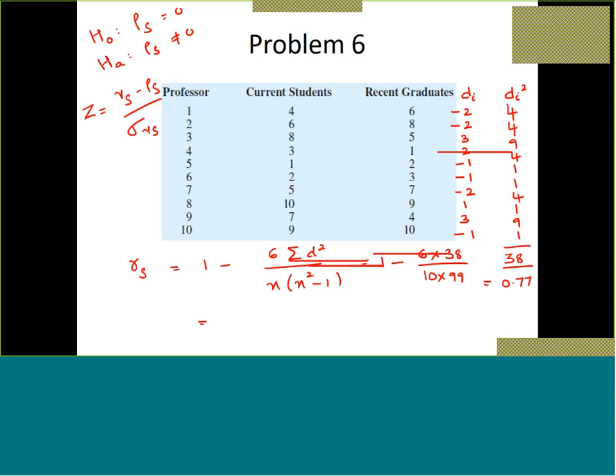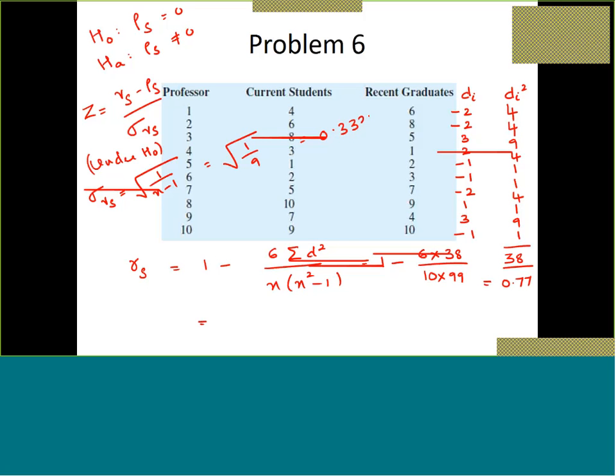Anyhow, rho S is 0 under H0. So what is the formula of sigma RS? I gave the formula: square root over 1 by n minus 1. That is square root over 1 by 9, that is 0.333.